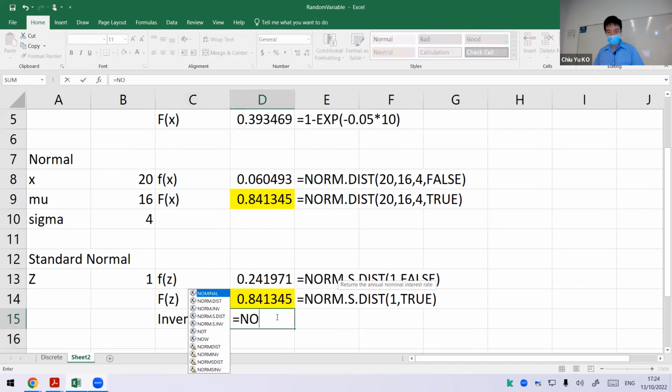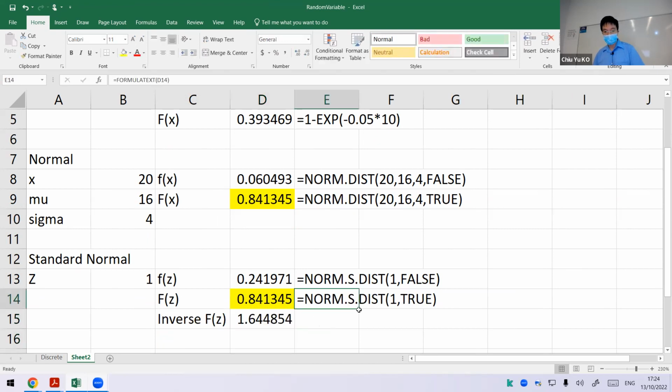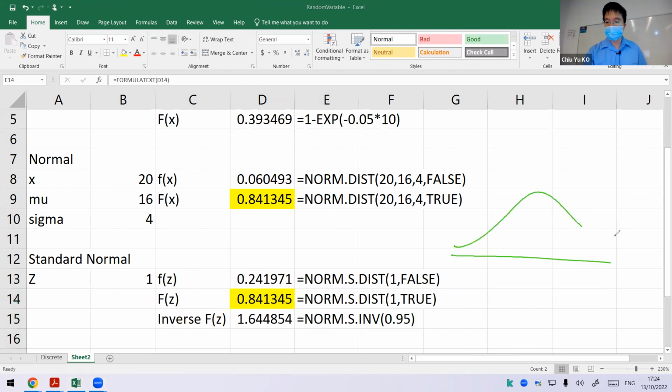We have the NORM.S.INV of 0.95 in this guy. So what does that mean? Because it's the inverse of F, it's just asking for this.